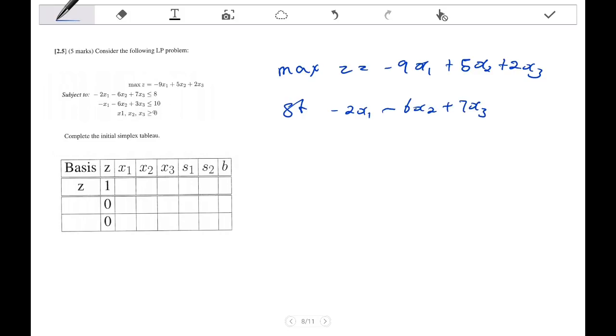So here, since this is less than, you have to add the slack variable. So we add the slack variable, let's call it x4. x4 is equal to 8.